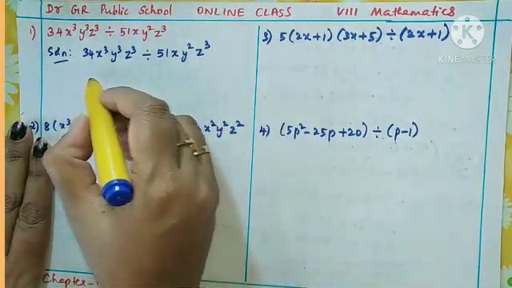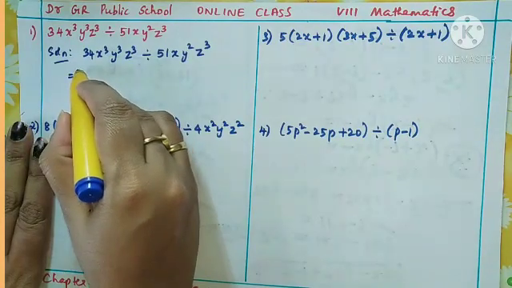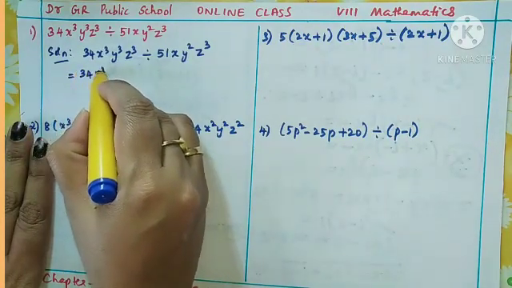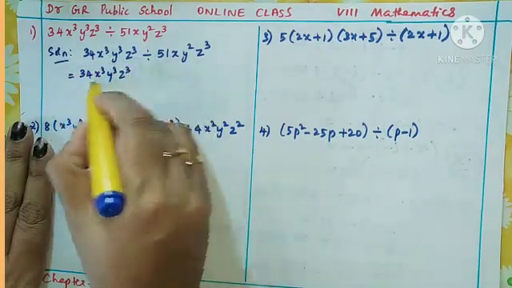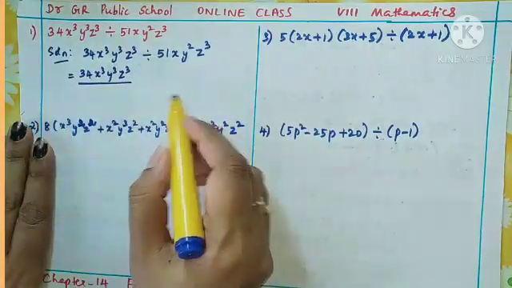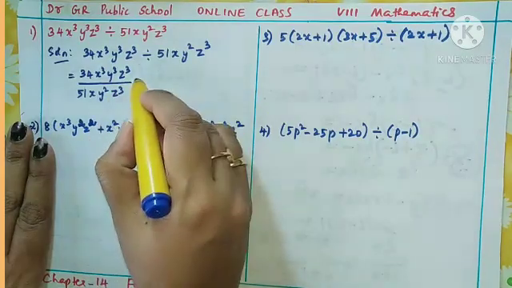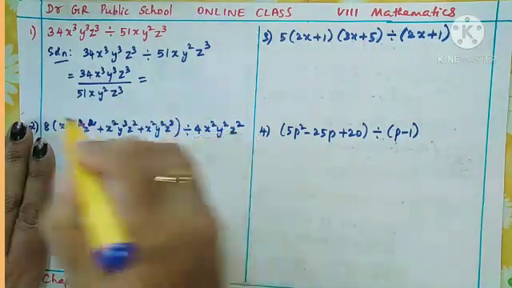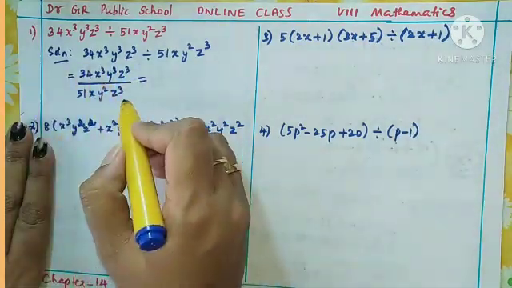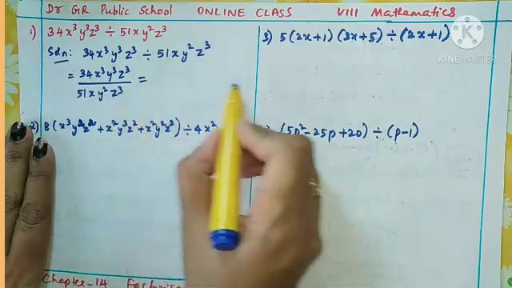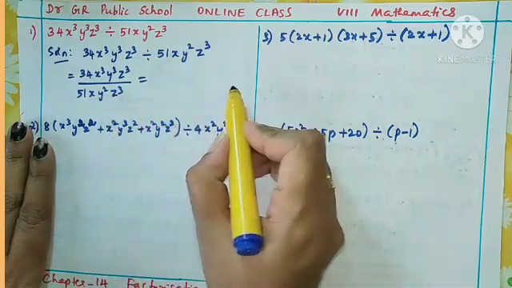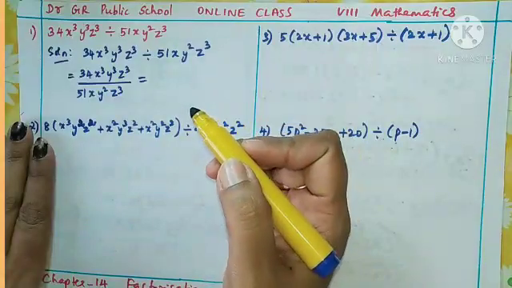So this is equal to 34x cube y cube z cube divided by 51xy square z cube. Now after writing in this form, you need to write the factors separately, the product of its factors. Then you do the cancellation.